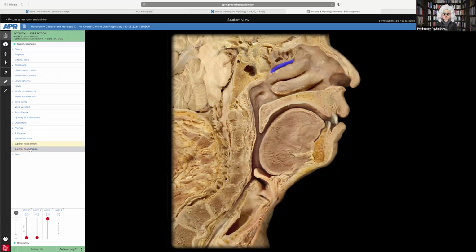Inferior to the superior nasal concha is an indented area called the superior nasal meatus. The middle ridge is the middle nasal concha, and the indented space immediately below it is the middle nasal meatus, right in here.